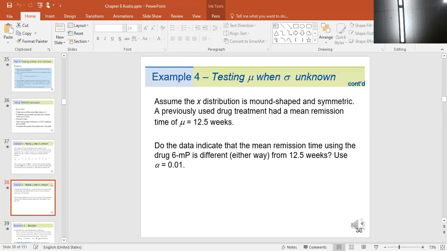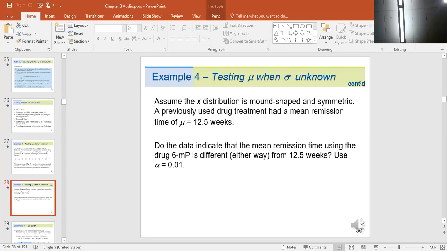At alpha equal to 0.01, there is not enough evidence to reject the claim that the data indicate that the mean remission time using the drug is different from 12.5.